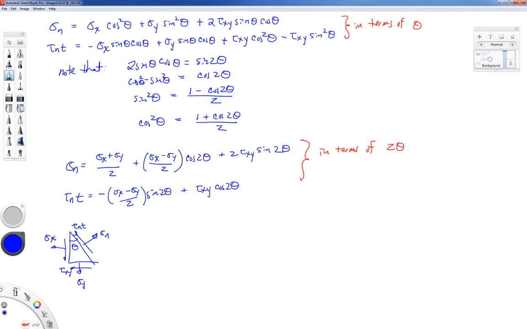Our other interpretation of stress transformation, we said, was to take our original square and rotate that square to a new coordinate axis, sigma x prime, sigma y prime, and tau x prime y prime. So in this case, we start with our stresses that look like this in our original x and y axis, and we want to find the new stress components off at some angle theta from the original x-axis.